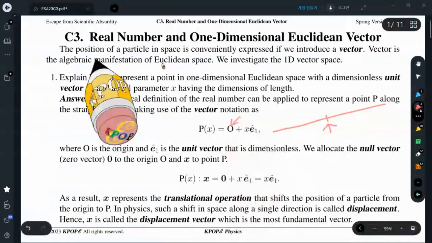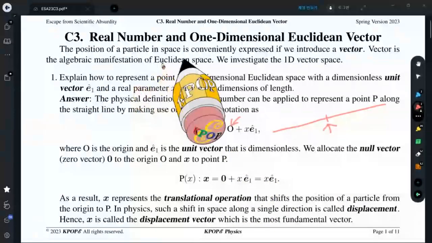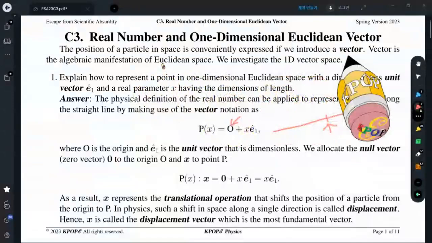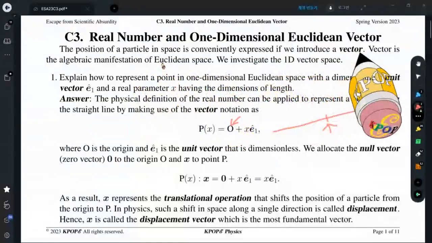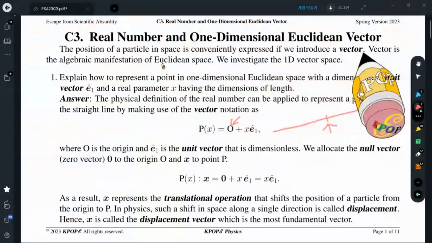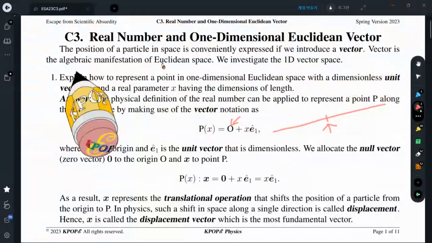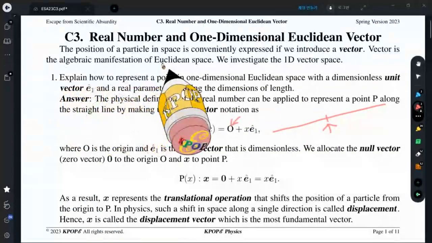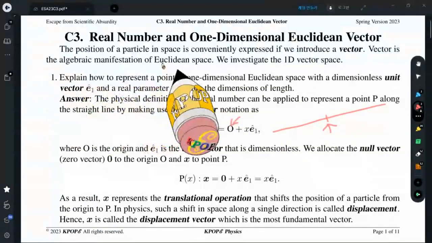The position of a particle in space is conveniently expressed if we introduce a vector. We will extend this idea to the three-dimensional Euclidean space, and a vector is an algebraic manifestation of Euclidean space. Actually, the most fundamental vector is a displacement.